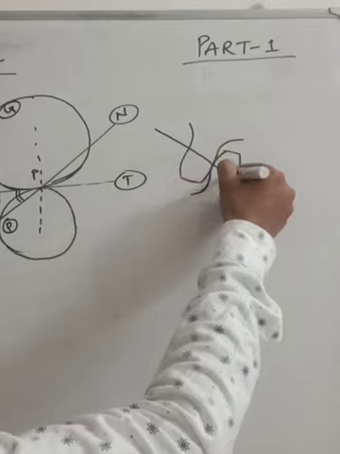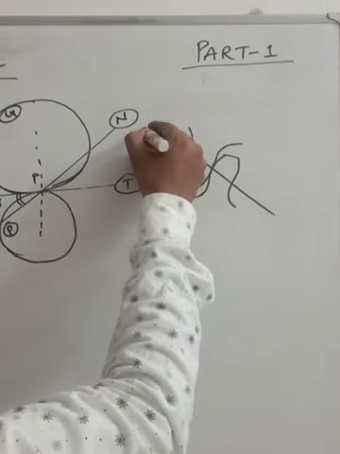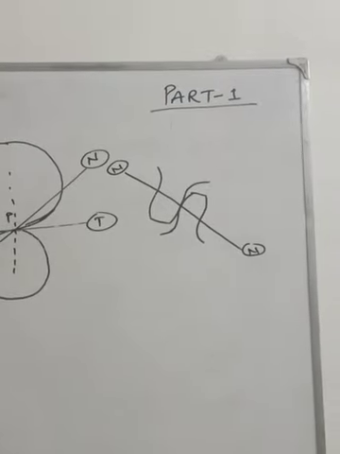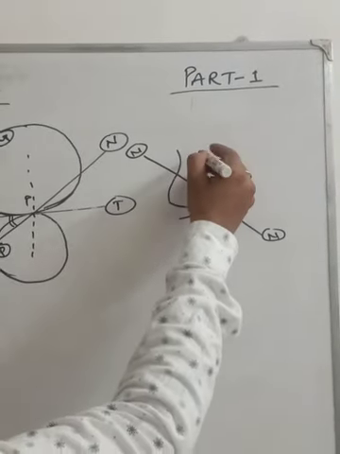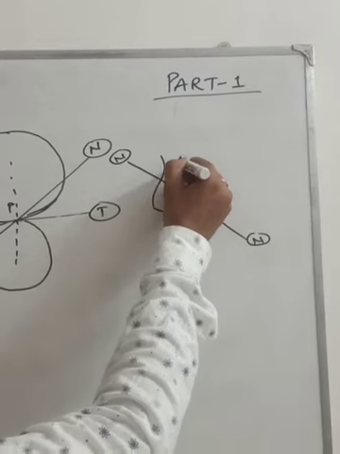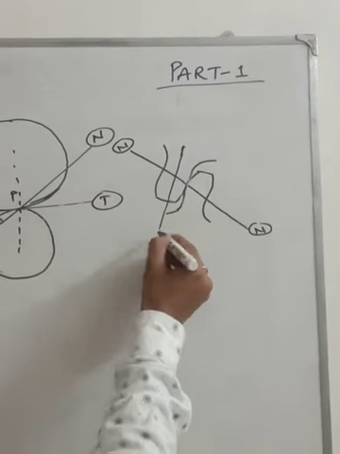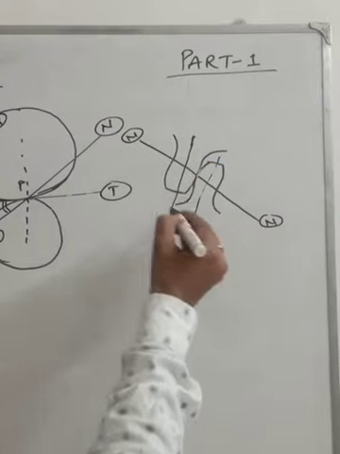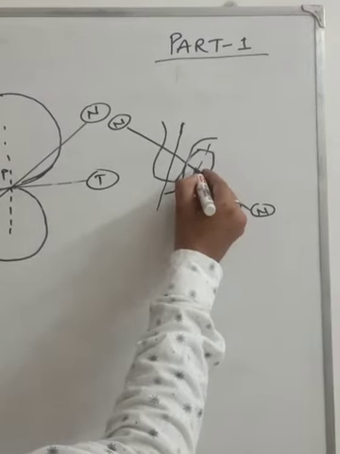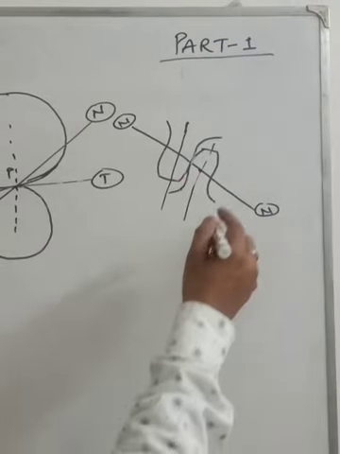It means this common normal passes through this and the pitch point. And if we are considering the line of action of this gear, this is the line of action of this gear and this is the line of action of this gear, then this point is considered for our design purpose.